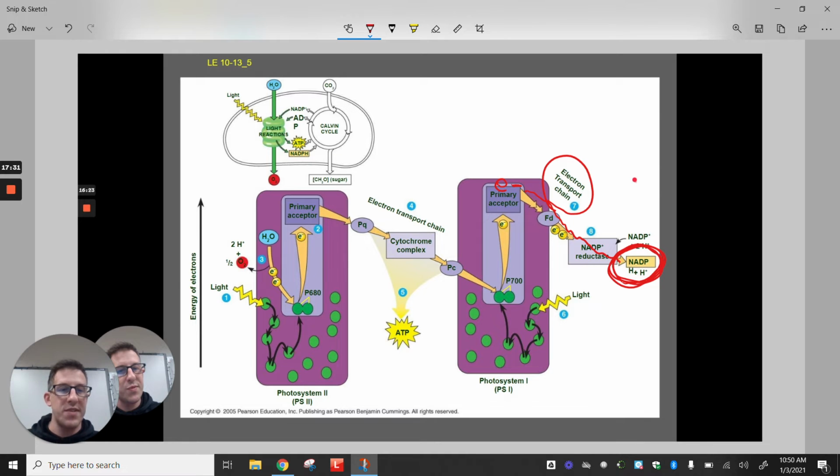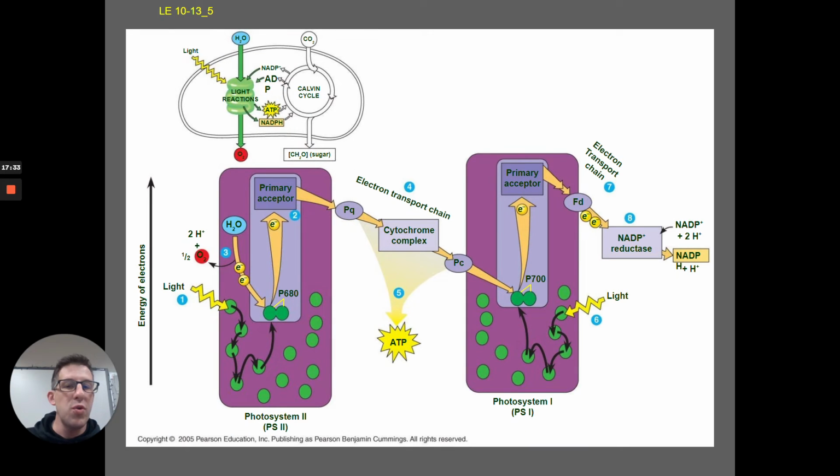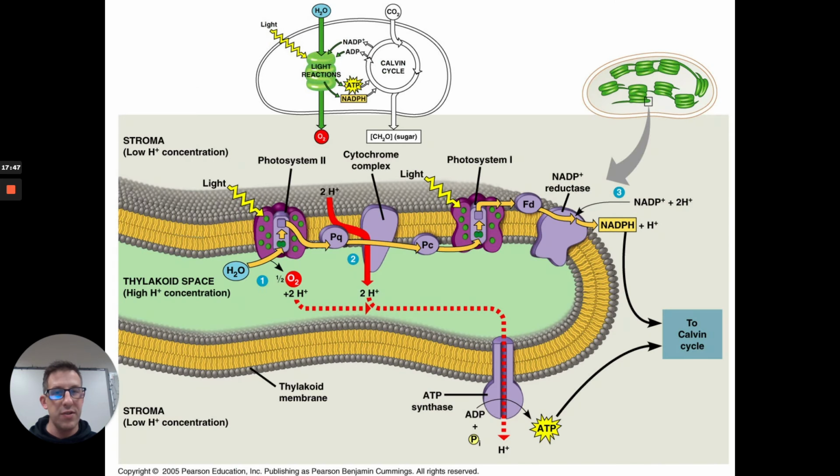That's what happens in the light reactions to help us harness the sun's energy and excite the electrons. We're making some ATP as a result, and then we are packaging up those still high energy electrons into an electron carrier called NADPH.